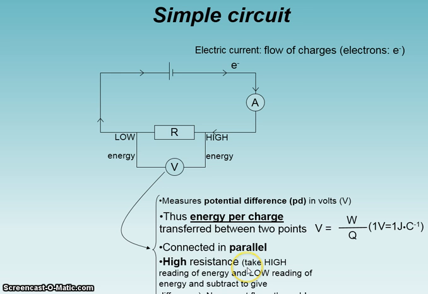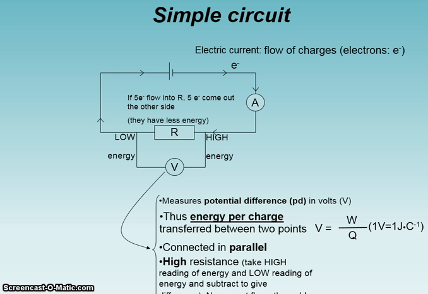Remember also that the voltmeter having a high resistance means that no current will flow through it. It simply is an apparatus taking a high and a low energy reading and calculating the difference between those energy readings for the amount of charges that flow through.